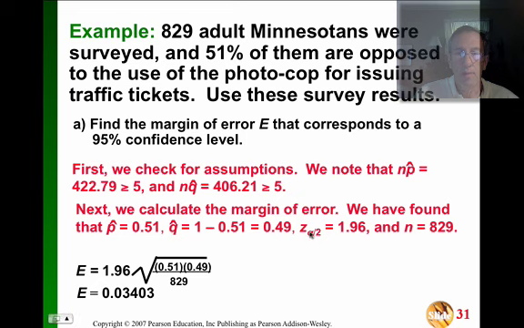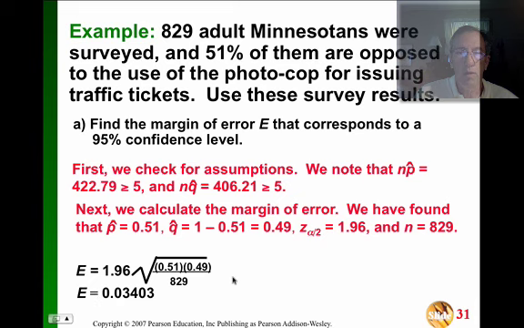That's Z alpha divided by 2 right here, and that equals 1.96. What that simply means is 0.05 for alpha divided by 2 leaves 2.5% in each tail. So 1.96 times the standard deviation estimate gives us 0.03403. Well, that's the error estimate.